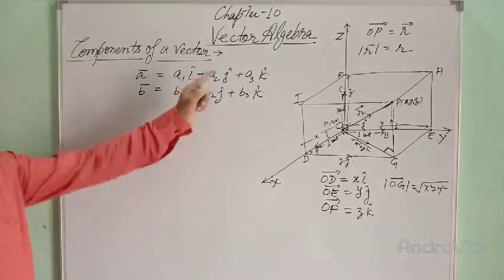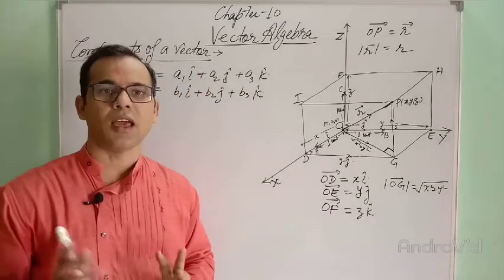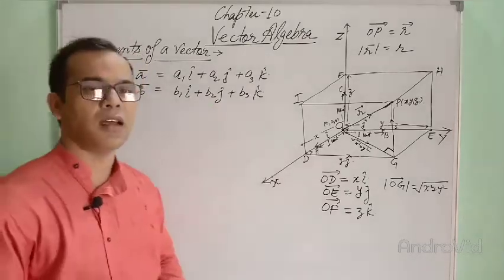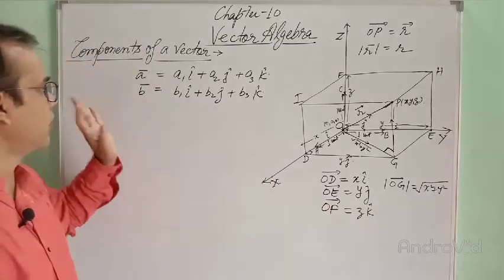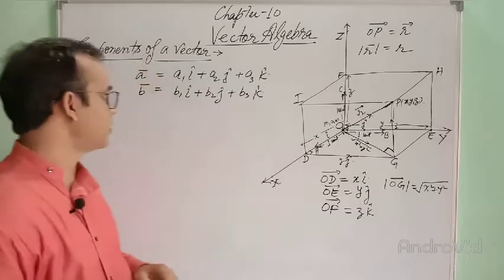Here A1, A2 and A3 are the scalar components of vector A along the x, y and z axis. The same way B1, B2, B3 are the scalar components of vector B in the direction of x axis, y axis and z axis.